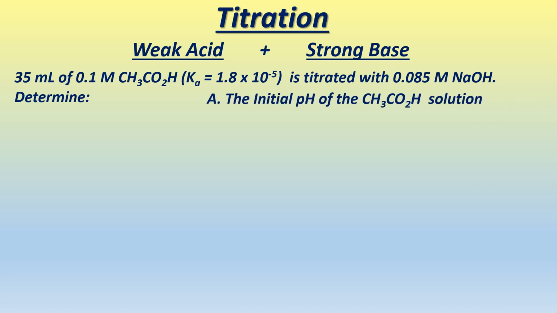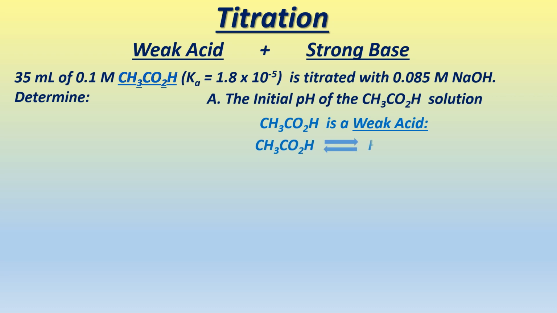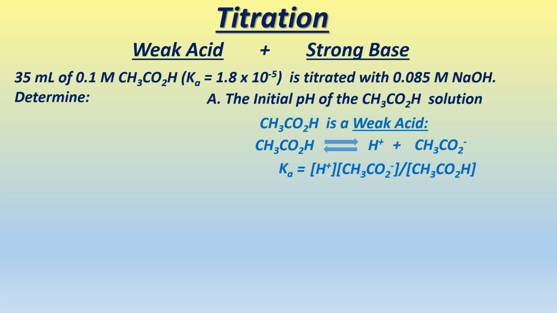So, if I look at the initial pH of the solution, I now have a weak acid, which I know exists in equilibrium, and I define the balanced equation for that as CH3CO2H in equilibrium with the conjugate base, and also define Ka as products over reactants.